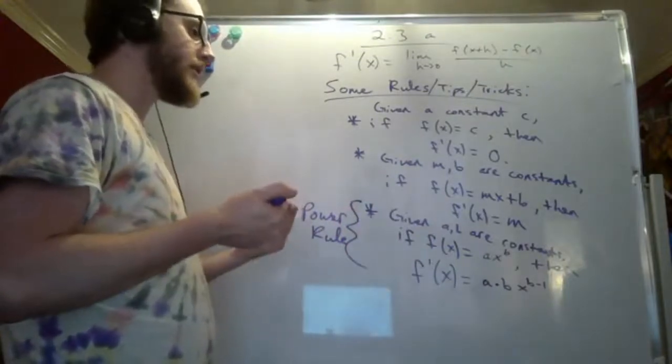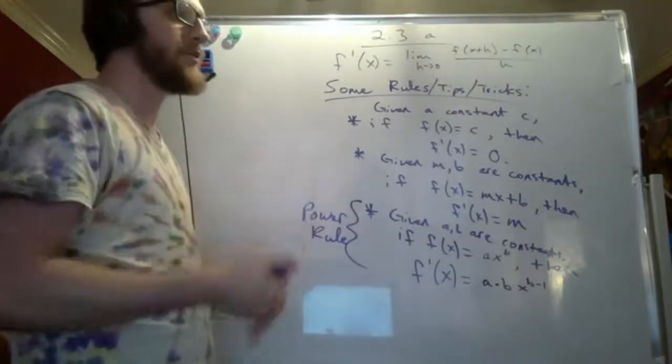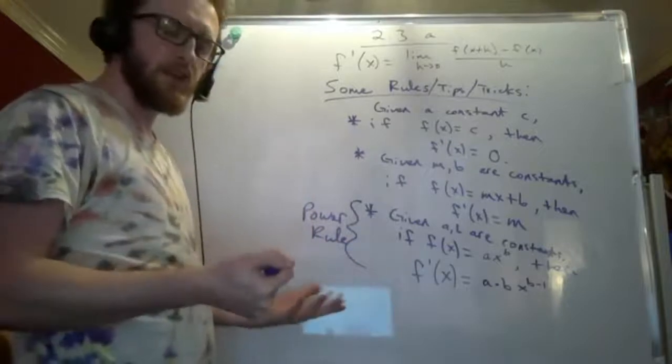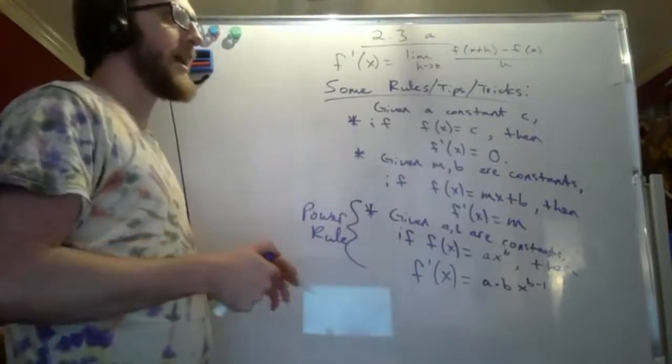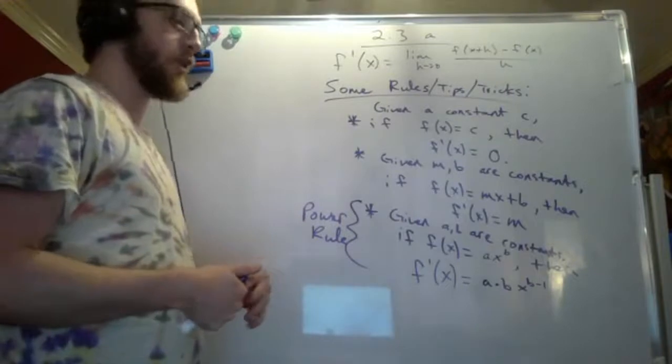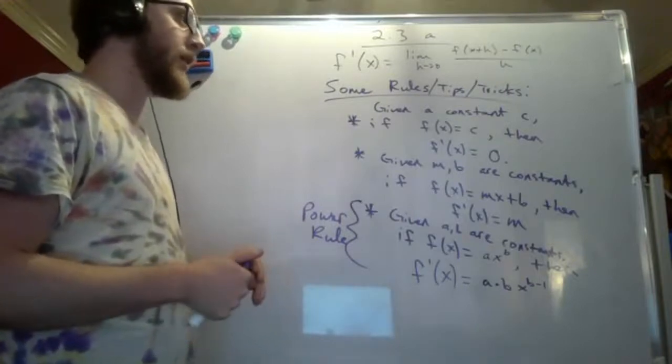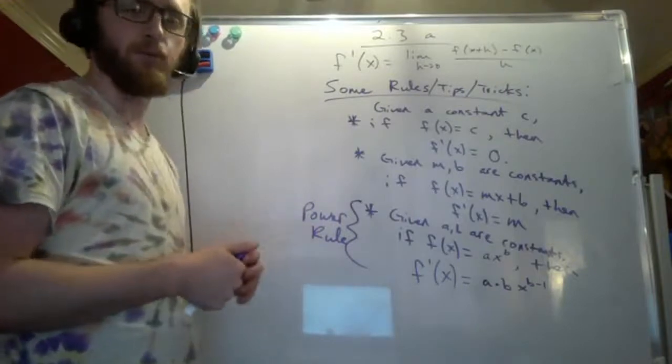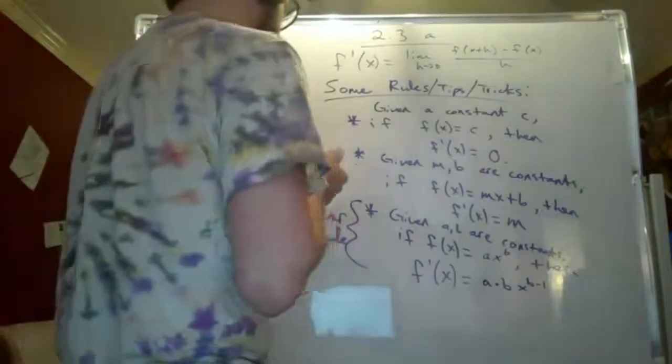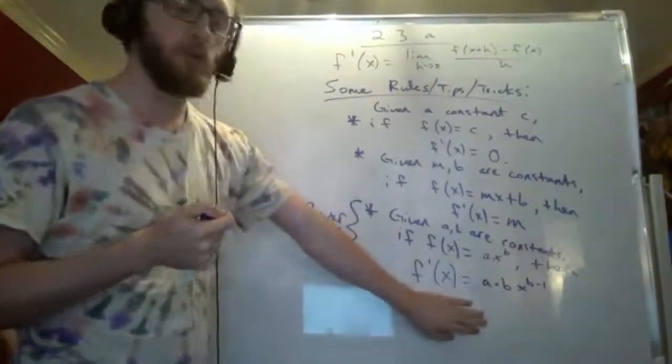We can do some examples that help prove it to ourselves, but it's not going to be a thorough proof. So consider it proof on light, or whatever you want to call it. At any rate, power rule, good stuff. You want to hold on to that.